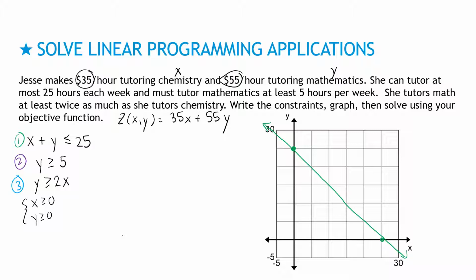So Y is this guy, greater than or equal to 5. Again, we're going to wait to do the shading. Last one, Y is greater than or equal to 2X. So that goes through (0, 0), uses a slope of 2, so up 2 over 1. Kind of like up 10 over 5, we get the idea. It's going to look like this.